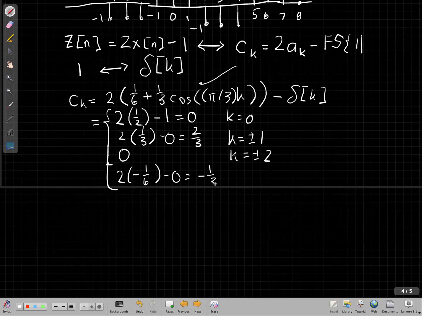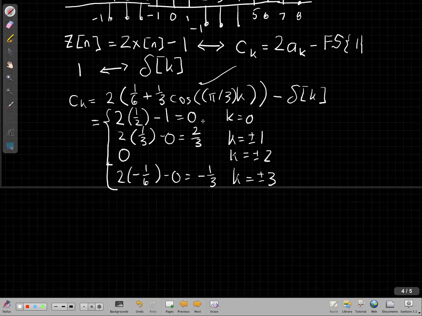So I have minus a third for k equals plus or minus 3. So there are the values. I could make a sketch of this if I needed to, but again, it's much simpler than evaluating the Fourier series. I can get it in equation form, or I can plug in 6 values of k, because I have the same period in the Fourier series as I do in the time domain, and get these values.